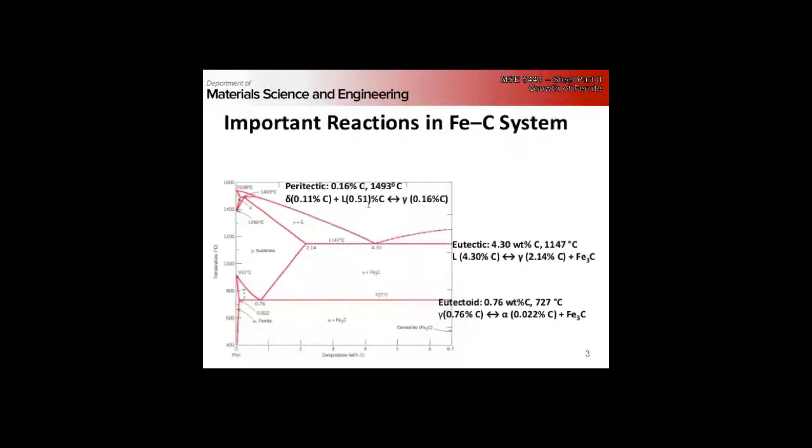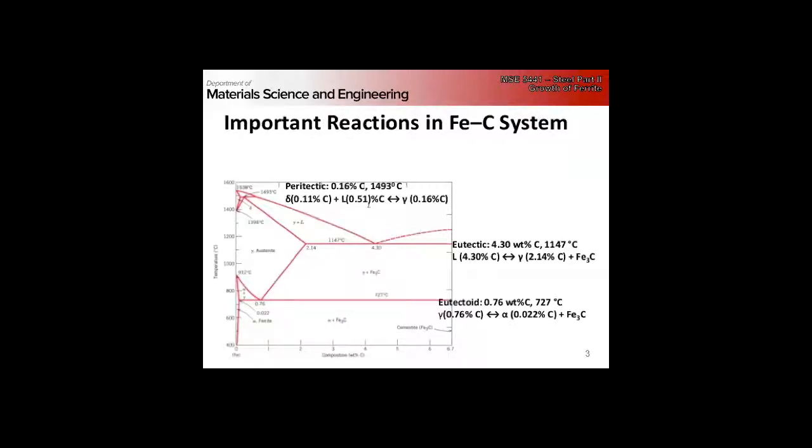So basically just the key points that we want to keep in mind here: the eutectoid composition, 0.76 weight percent, right? We want to keep the eutectic in mind out here, although it doesn't come up too much.